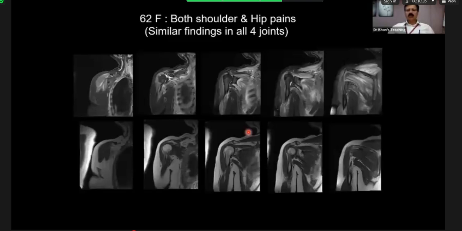Interestingly, for a clinical question of myositis, the same sequences are done, T1 and STIR. And the concept is that in your report, first of all, if there is edema, it will be high.